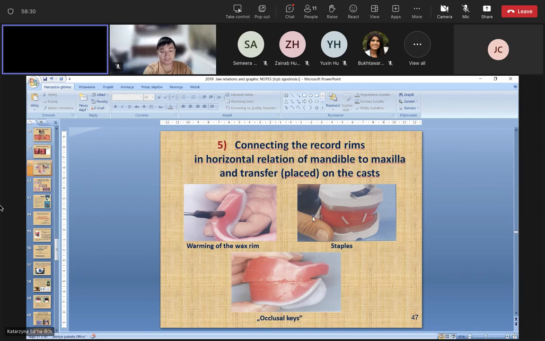Or we can use staples, as you see here, or occlusal keys. What does it mean, occlusal keys? We have some hole in the upper rim and some key in the lower rim that fit together.